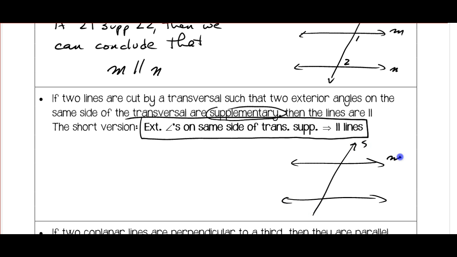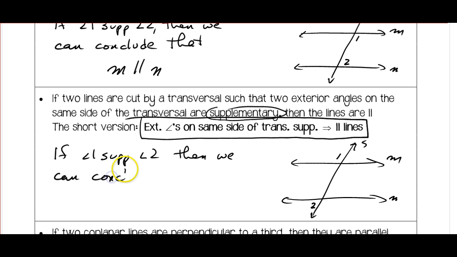Here's S, M, N, and then I'll pick this pair, any pair really, if any pair are supplementary. So if angle 1 is supplementary to angle 2, then we can conclude that line M is parallel to line N.